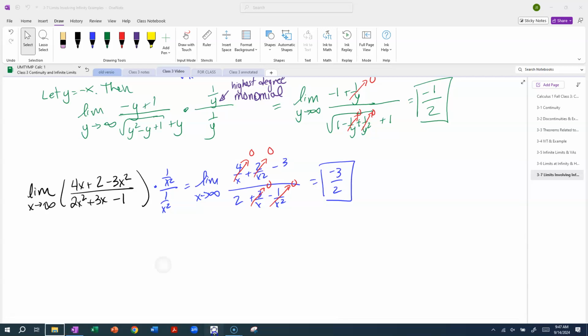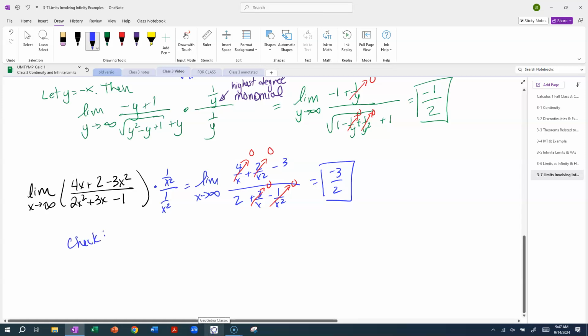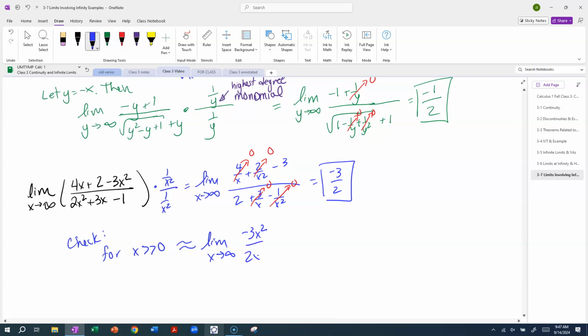For example, one way that I personally check is to say that for x really large, that just means much greater than 0. We can approximate this limit by saying the limit as x goes to infinity of negative 3 x squared over just 2x squared.